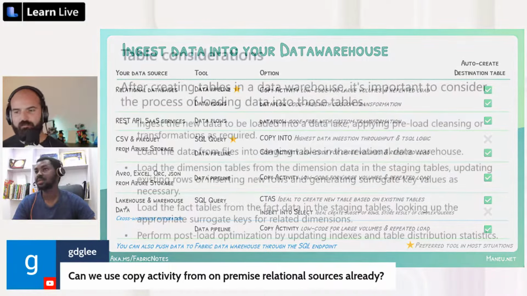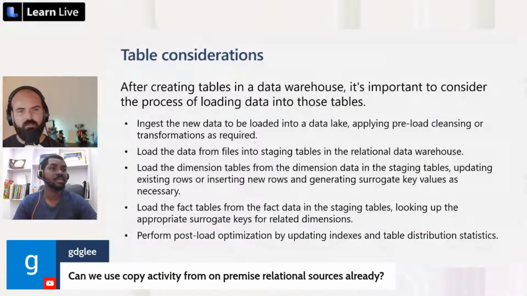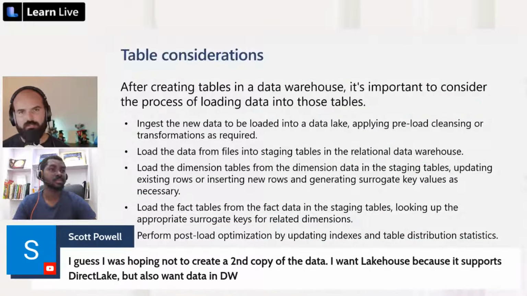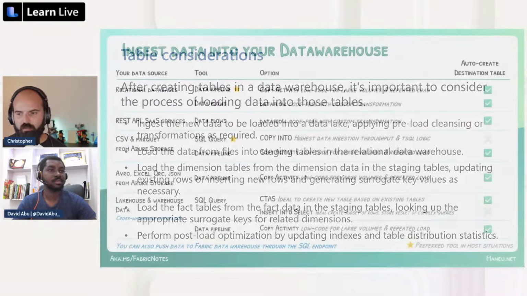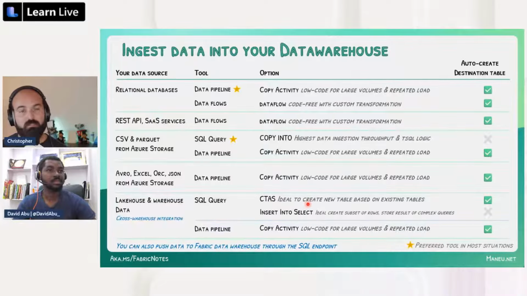Oh yes. So when you're creating a table in a data warehouse, as I hinted a little bit earlier, there are new things you need to be aware of. First, most of the time, when we are using one of the facilities I've listed here, like create table as select, insert into select, or copy into, all of these are SQL statements to copy data from a source to a table in the data warehouse.